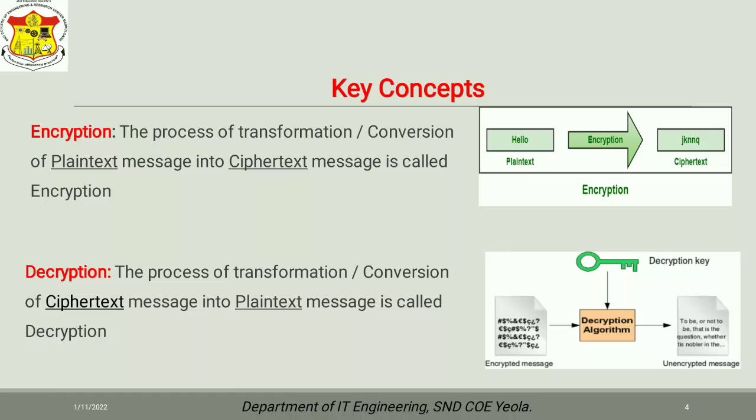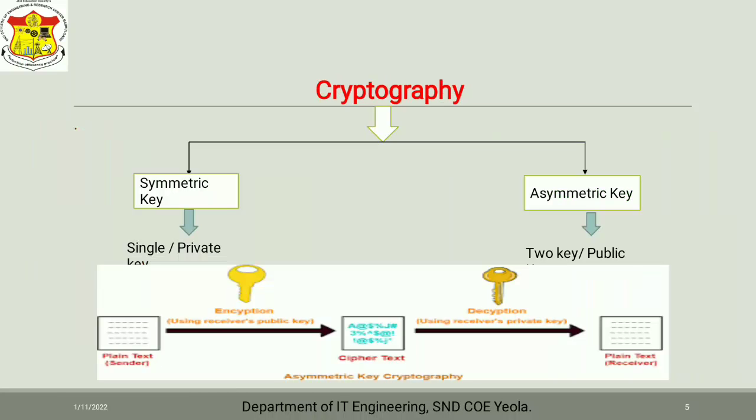Before discussing the concept of encryption, we must know the different types of cryptography. Cryptography is the art and science of achieving security by encoding messages to make them non-readable, as shown in the given figure. A readable message, that is plain text, is converted into a non-readable message, ciphertext.